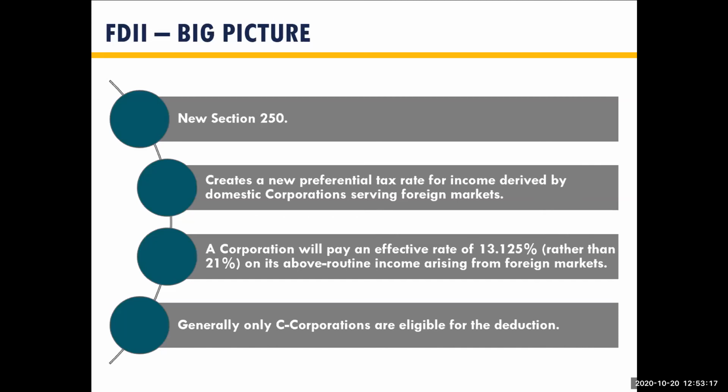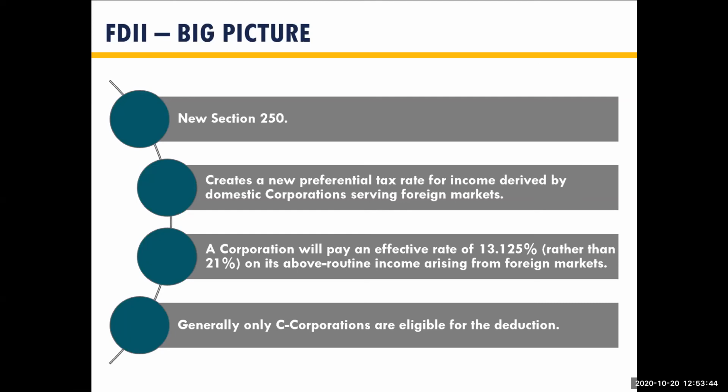And what happens is, much like an IC DISC, you create a reduced tax rate. You create kind of a net income on your export sales, and those export sales are taxed at an effective tax rate of 13.125% rather than the 21% normal tax rate.